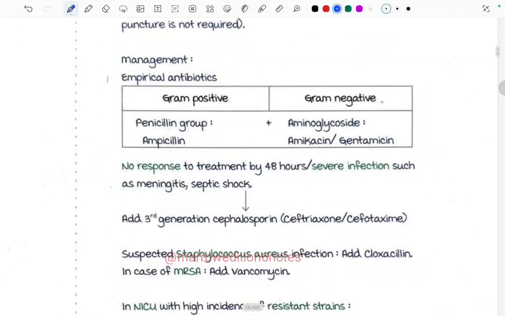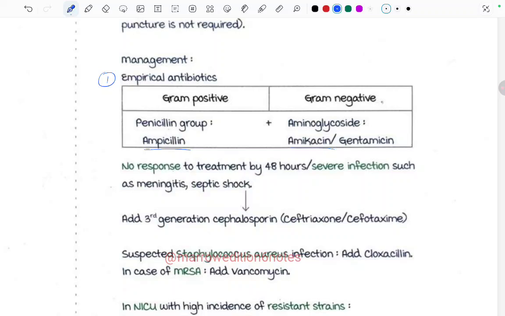First one, we have to start with the empirical antibiotics. Empirical antibiotics need to cover both the gram-positive and the gram-negative organisms. Gram-positive organisms can be covered by the penicillin group, that is ampicillin, and gram-negative by aminoglycosides like amikacin. So amikacin to cover the gram-negative organisms and ampicillin to cover the gram-positive ones.